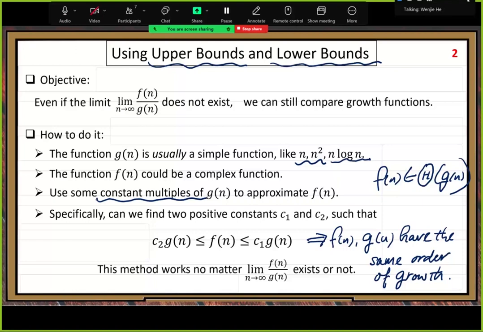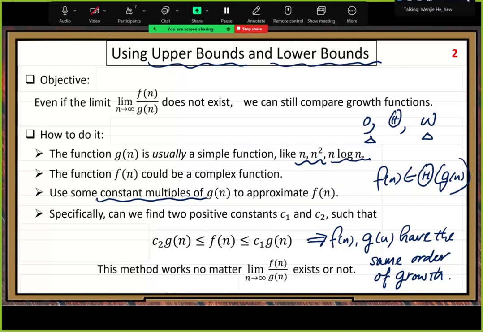We learned three asymptotic notations so far: little o, big theta, and little omega. But for little o and little omega, we have to use limits to determine. In these two cases, we have to calculate the limits to see if f should be in little o or little omega of the g function.